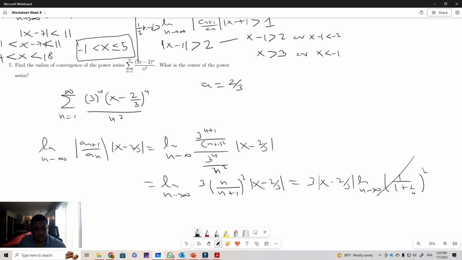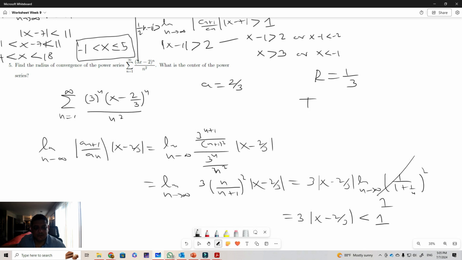And so this is going to 1. And so at the end, the limit is just going to be 3 times the absolute value of x minus 2/3. And in order to be convergent, this has to be less than 1. So now the radius of convergency is going to be, of course, 1/3. We divide by 3 on the other side.